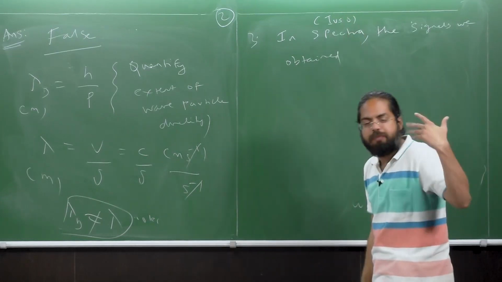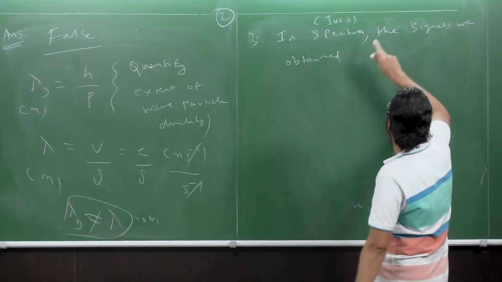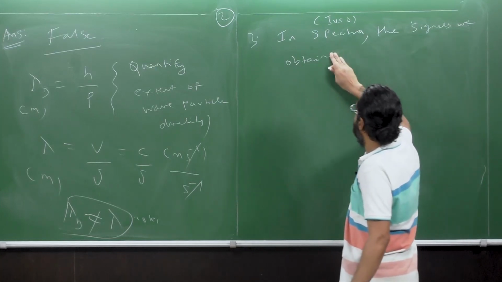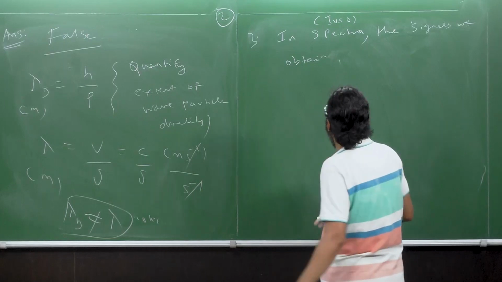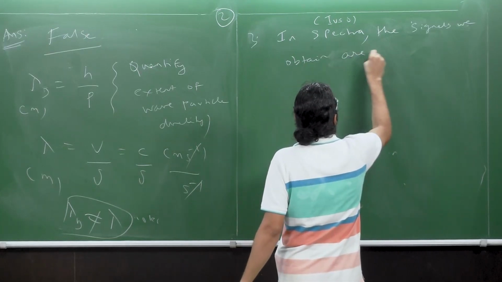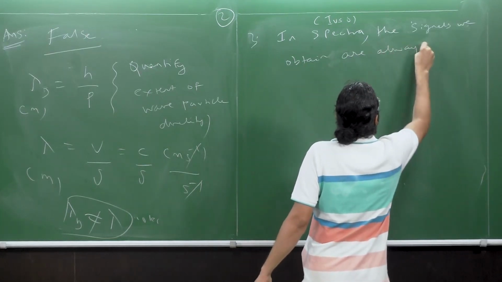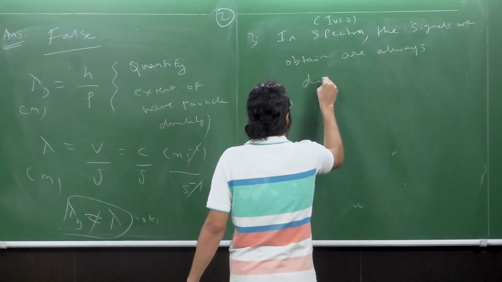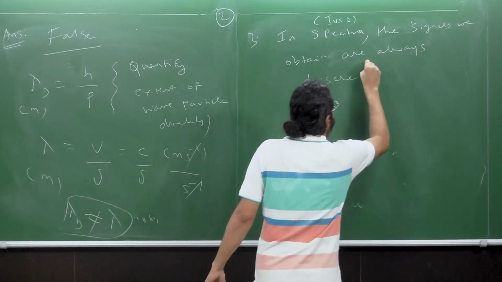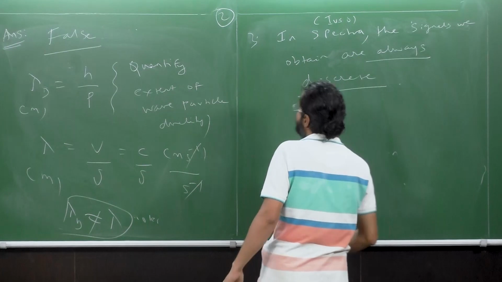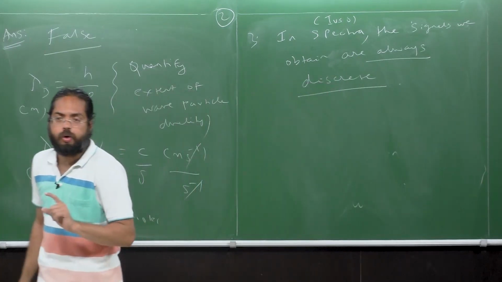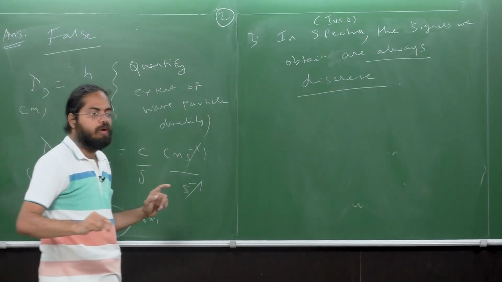It could be lambda, it could be wave number, anything. So in spectra, the signals we obtain are always discrete. This is yet another important point, which we often tend to ignore.